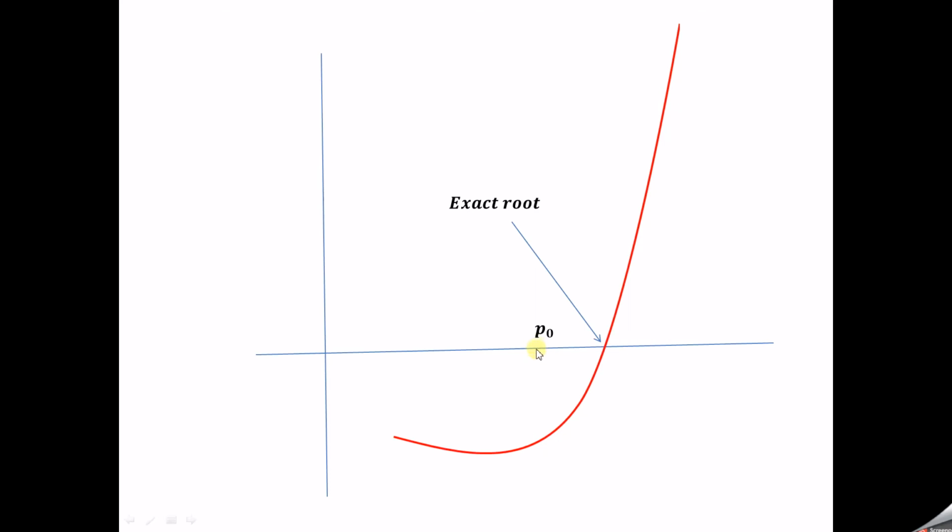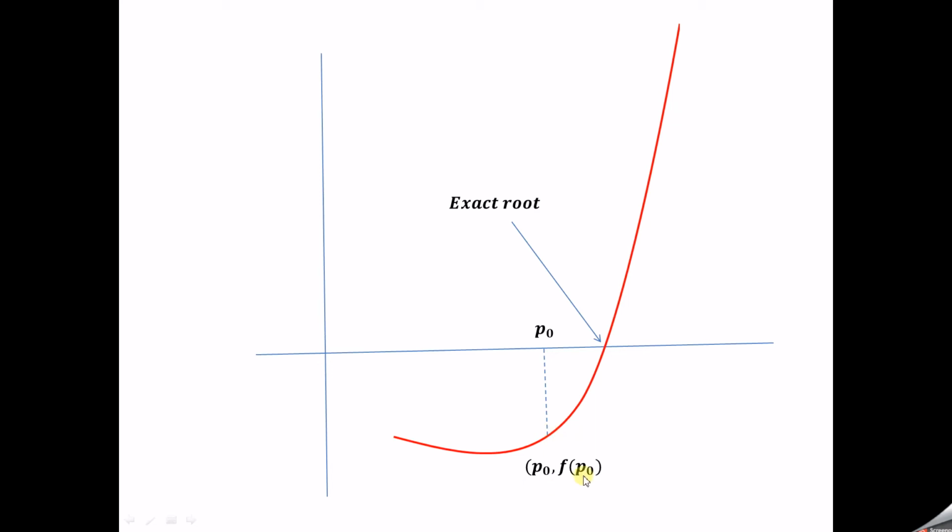After taking this P naught, you find the corresponding point on the curve. This is the curve f(x). Corresponding to P naught, the point on the curve will be (P naught, f of P naught). And the method suggests that we have to draw a tangent line to the curve at this point.